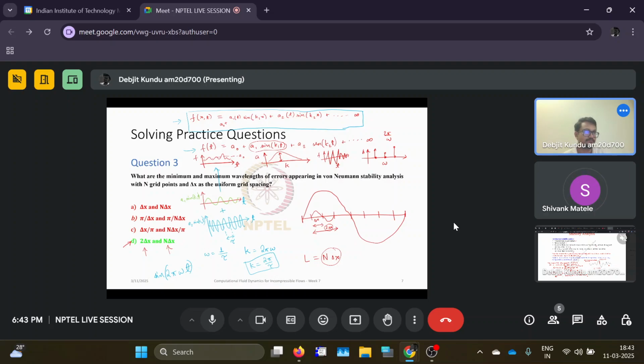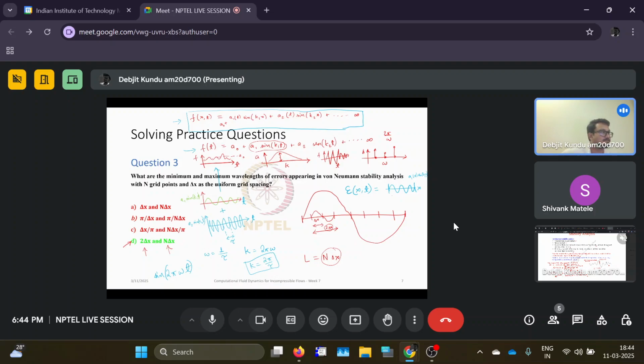Sorry, it's difficult to build up, but basically we have this error, and it is a function of space and time. So this is the x-axis, and this is the first wave: A(k1, t) into sine k1x.